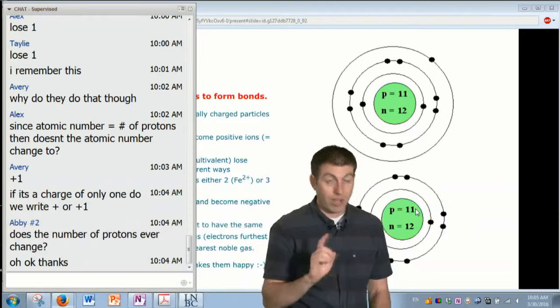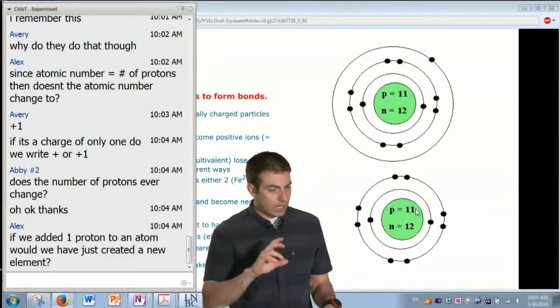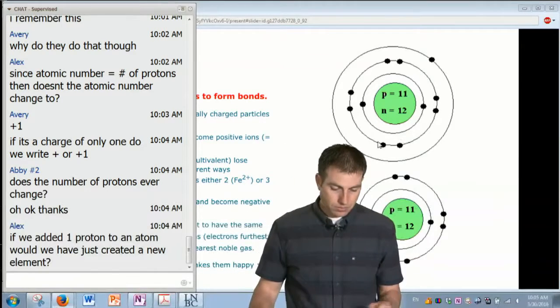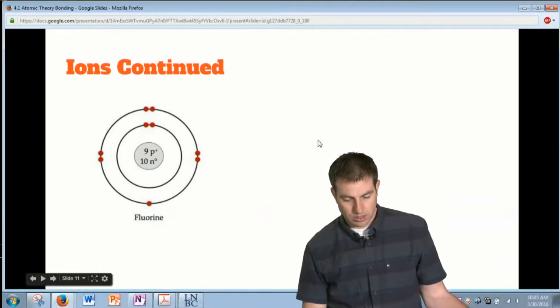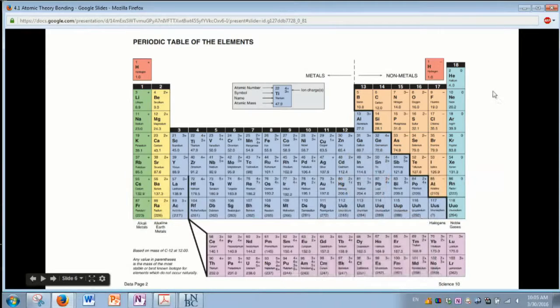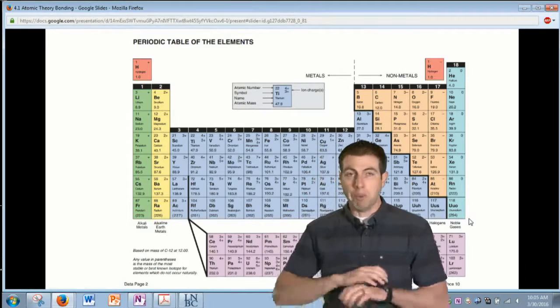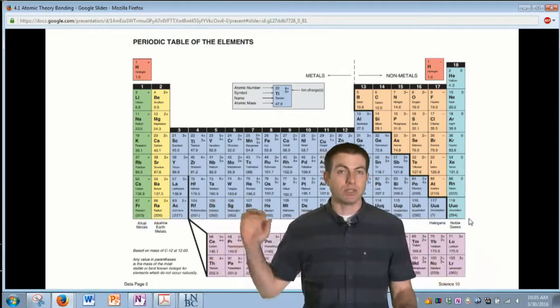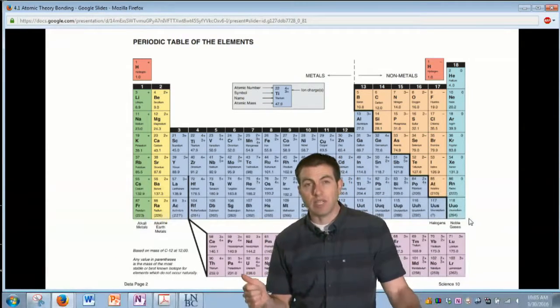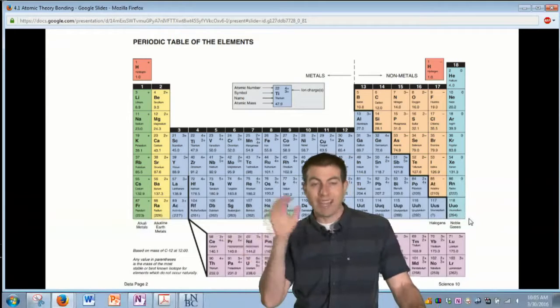And then Avery, why do they do that? Elements want to have a full outer shell. If we look at the periodic table, jump back here to a picture of it, the last column, from helium down through, are called the noble gases. The noble gases are extremely stable. They don't bond with anything because their outer shells are full. So when we talk about atoms bonding with other things, the reactivity of an atom is determined by what's going on in the outer shell.